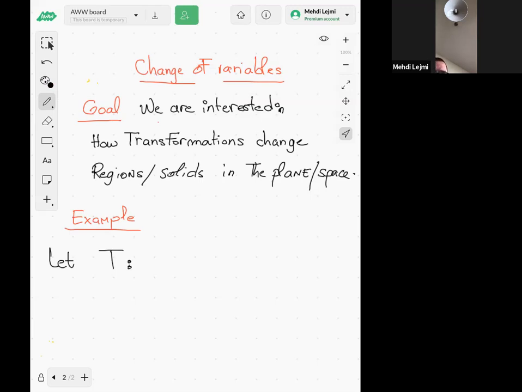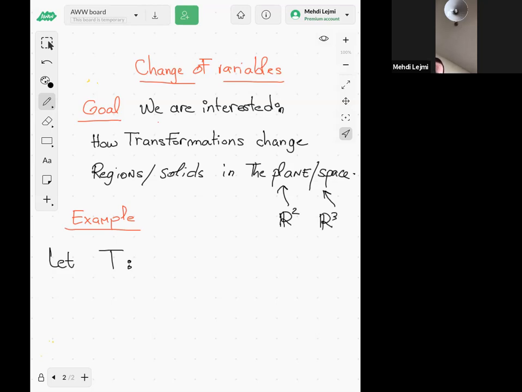We're gonna start with the plane. When I say in the plane, it means, of course, we have only two coordinates, two axes, the x and the y axis, and the plane is R2. When I say space, that will be R3.